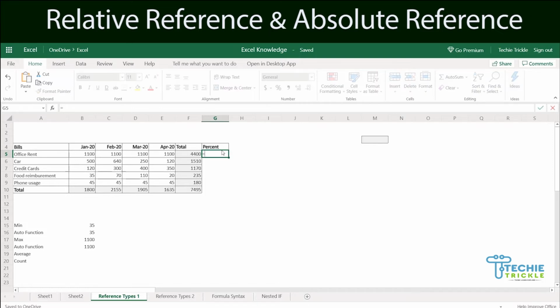So it will be equal to this one divided by this one, correct? I hope you are understanding what I'm trying to say. So you get 0.58, which is 58%, right? So what you did here is F5, that is a relative reference here, and then you are dividing it by the entire sum total, that is 7495.